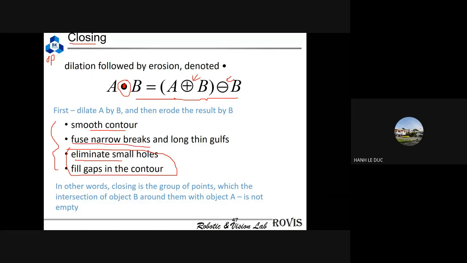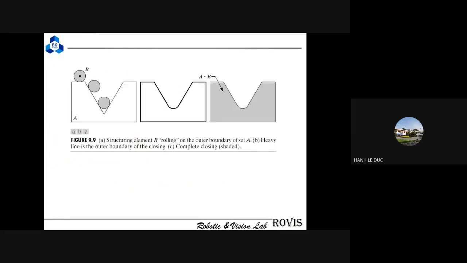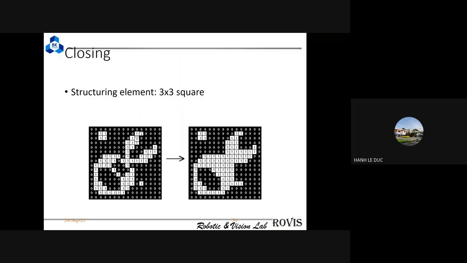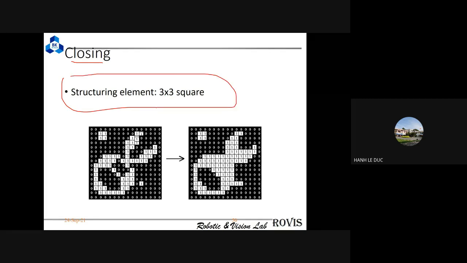Okay, let's see. It's like eliminating protrusion. Here the example is closing, and we apply a 3 by 3 structuring element. Because it's just 3 by 3, we can fill the small holes here, but the big hole we cannot.